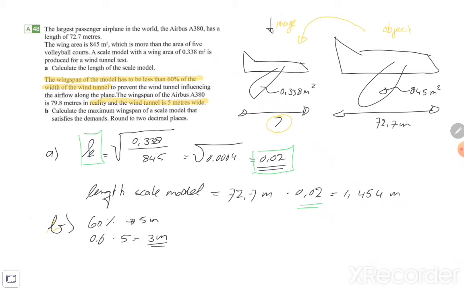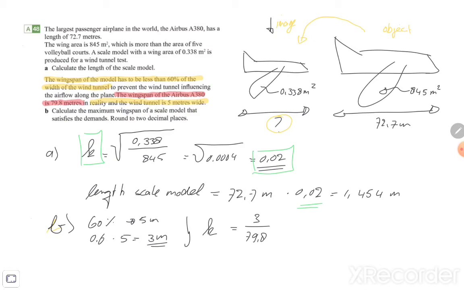And then they told us that the wingspan of the Airbus A380 is in reality 79.8 meters. All right, so my scale factor is 3 divided by 79.8.